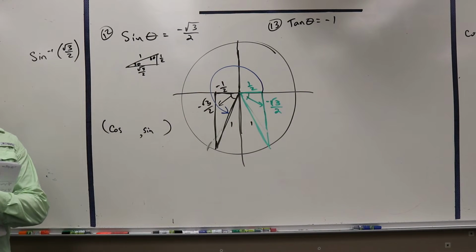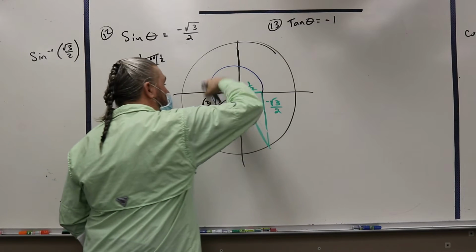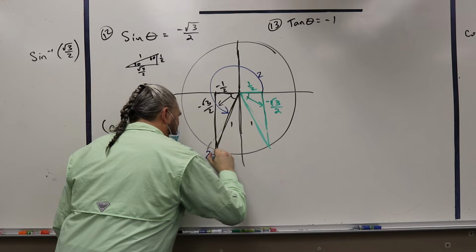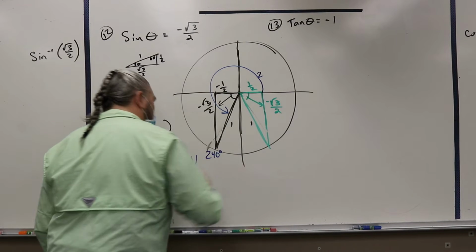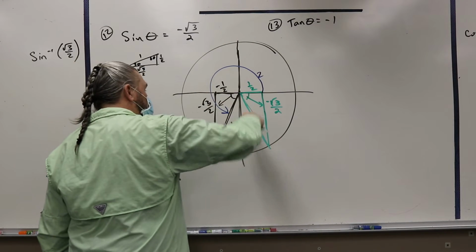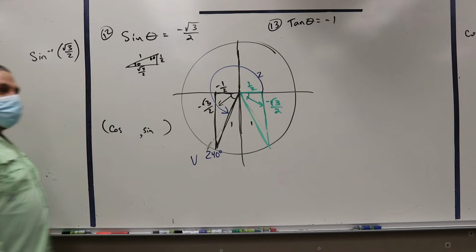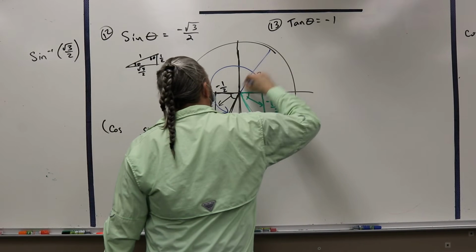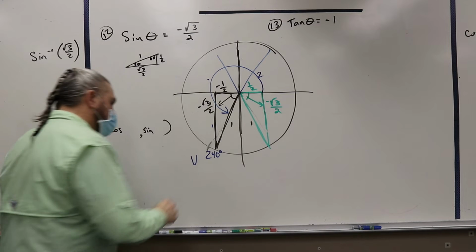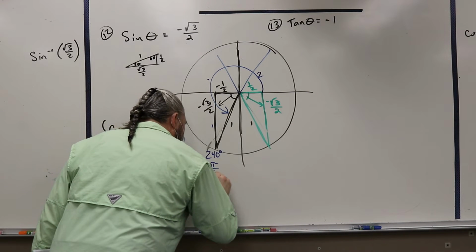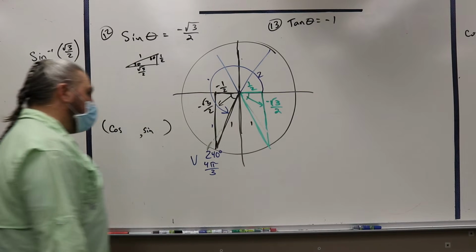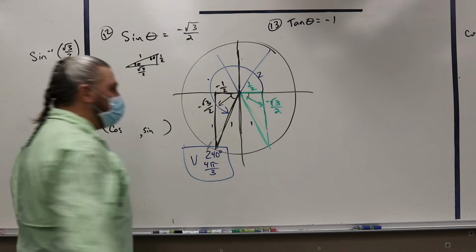So how far is that blue angle? 240 degrees. In radians, that would be 4 pi over 3. Cool? So that's the blue.